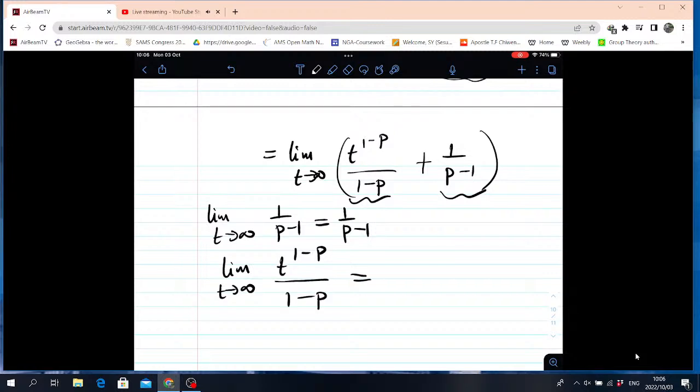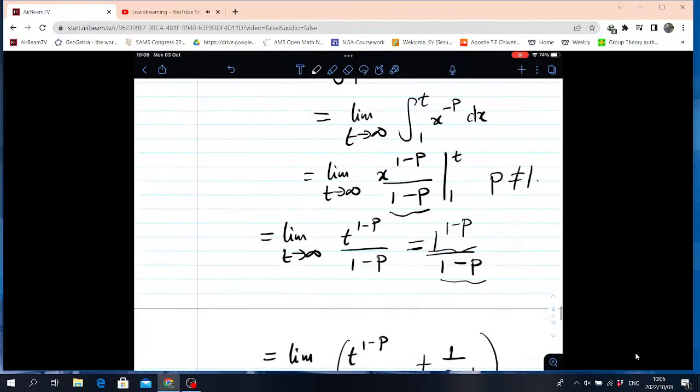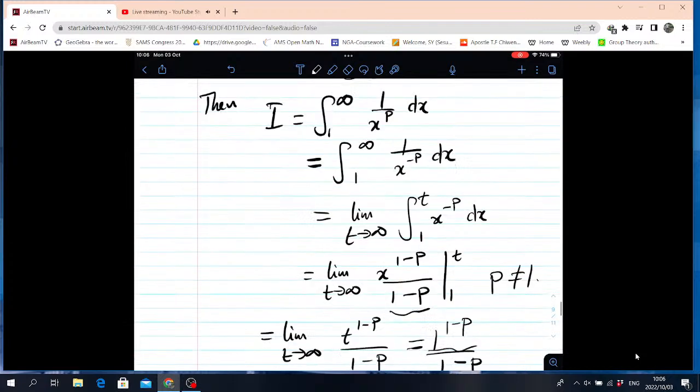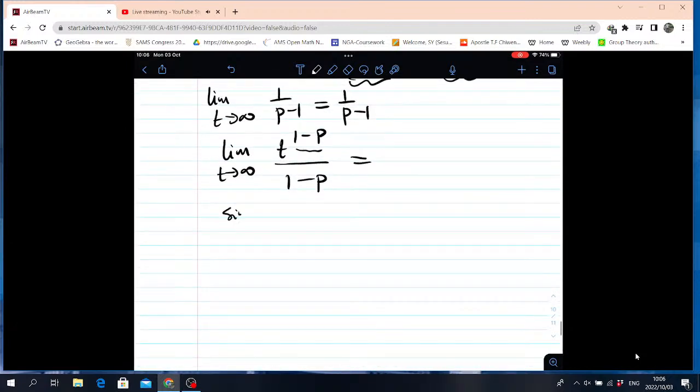And in this case, if you look at 1 minus p, because p is greater than 1, it means that 1 minus p is less than 0.